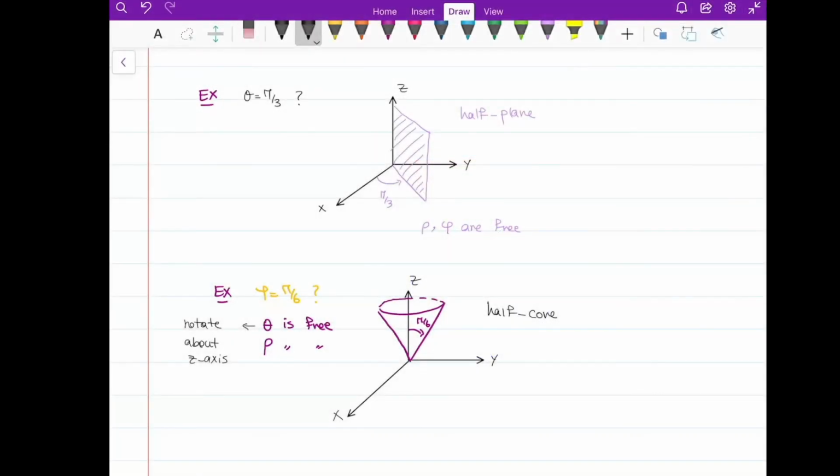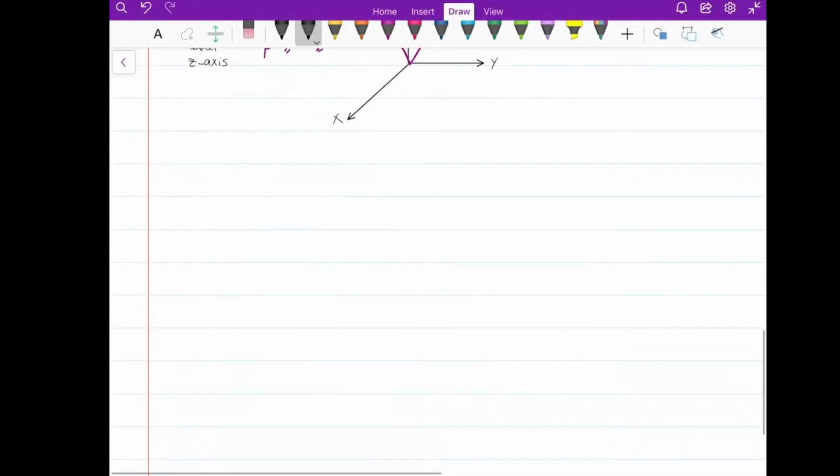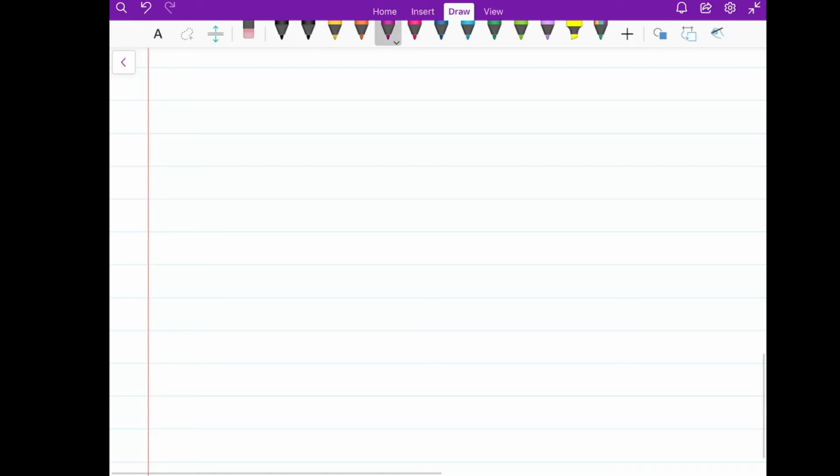Okay, I'm gonna give you one more example to change the points from Cartesian to spherical. What is (0, 2 root 3, negative 2) in spherical coordinates? How can I represent it in spherical coordinates?